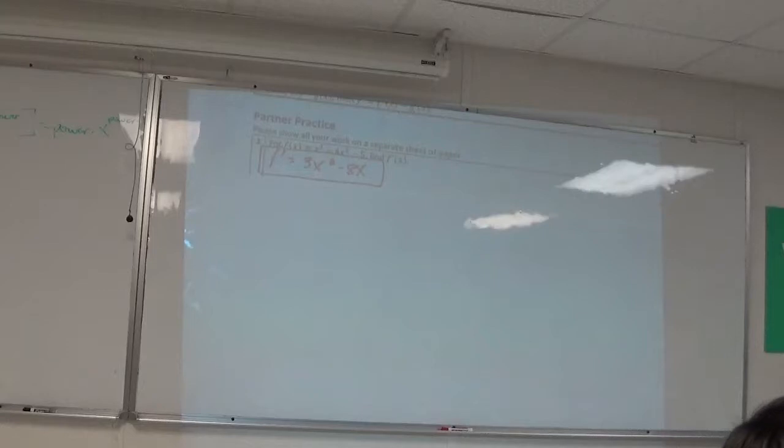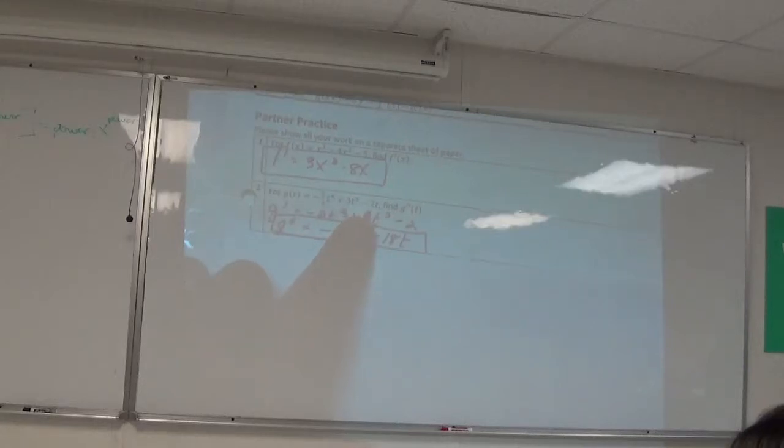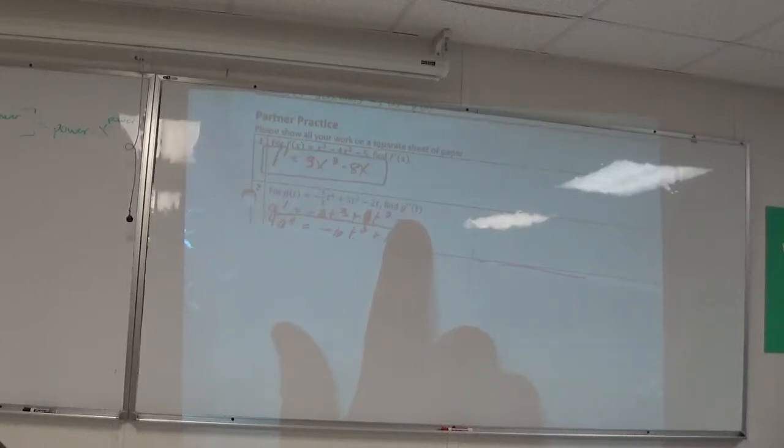So number 2, g of t equals negative 1/2 t to the 4th plus 3t cubed minus 2t, find g double prime. A lot of you found the first derivative, and that was great, but then you stopped. The first derivative is negative 2t cubed plus 9t squared minus 2. Second derivative, negative 6t squared plus 18t.